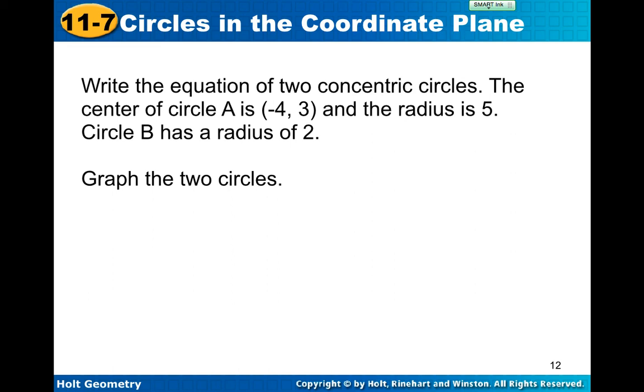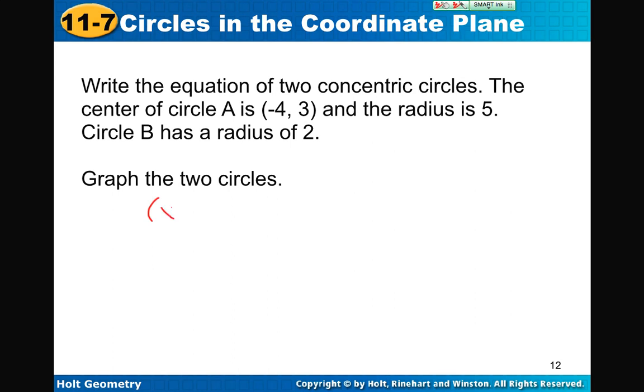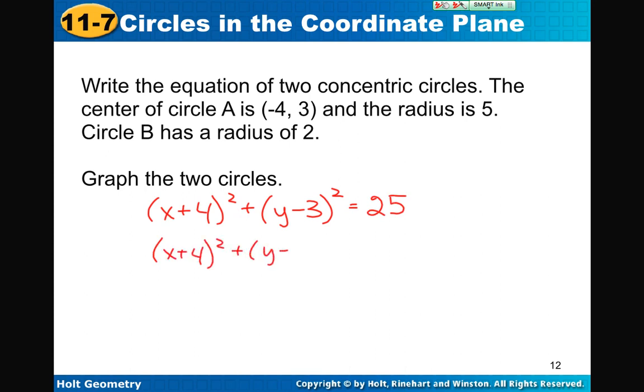When you were graphing that, and I don't have the solution up here, it should be x plus 4 squared plus y minus 3 squared equals 25 was the first circle. Then x plus 4 squared plus y minus 3 squared equals 16 for the second one. No, not 16, 4. The radius was 2.